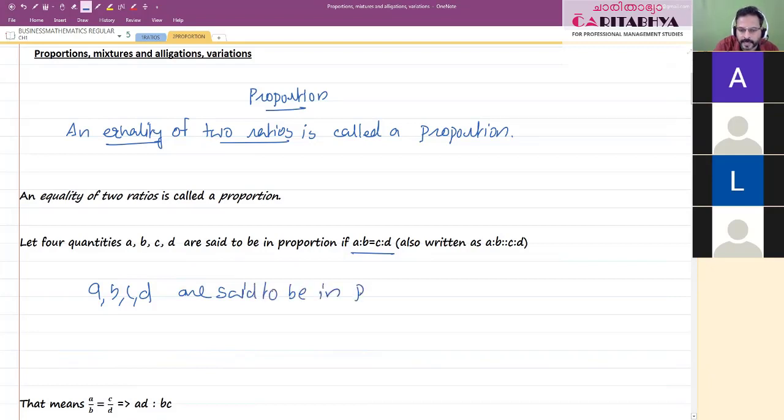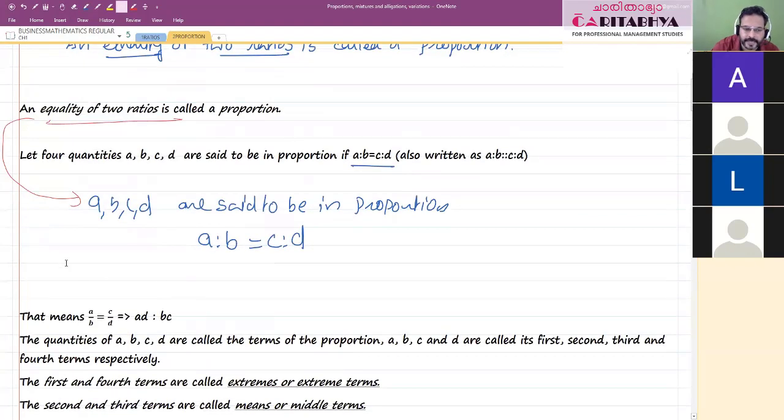So ഇത് പ്രപ്പോർഷൻ ആകണമെങ്കിൽ നമുക്ക് എന്ത് സാറ്റിസ്ഫൈ ചെയ്യണം? An equality of two ratios. A is to B equal to C is to D.